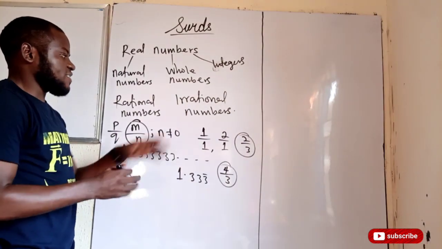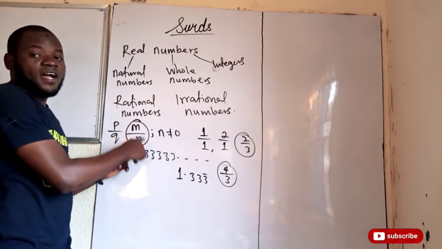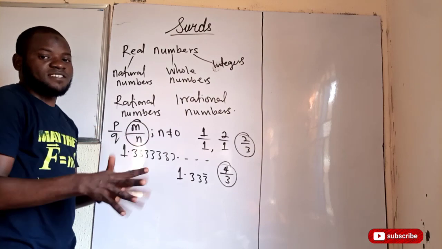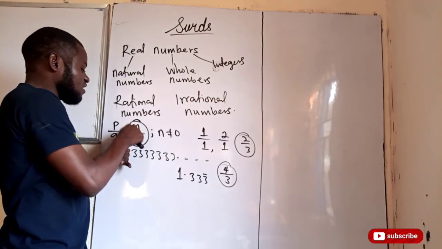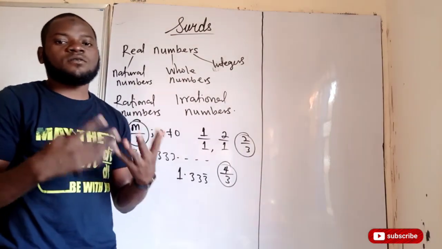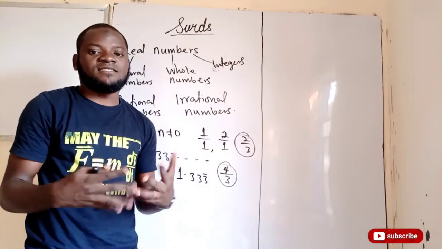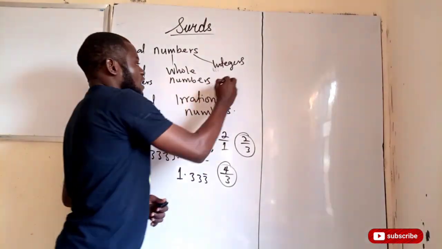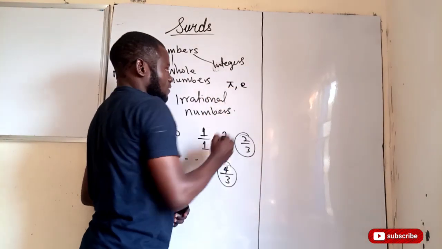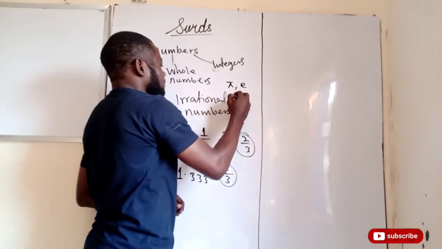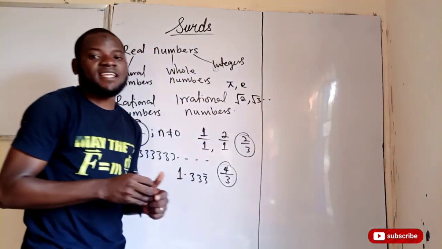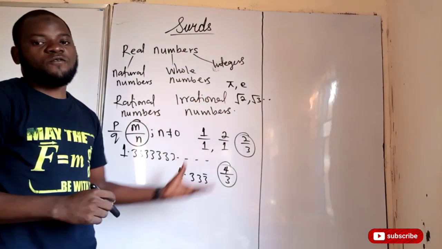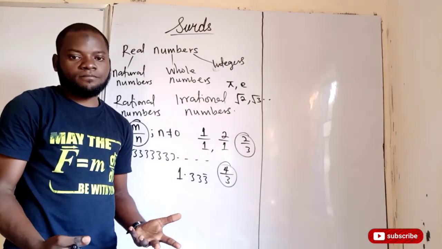Irrational numbers are numbers with non-terminating and non-repeating decimals. For example, pi, the exponential e, the square root of 2, the square root of 3, and so on. They are all examples of irrational numbers.